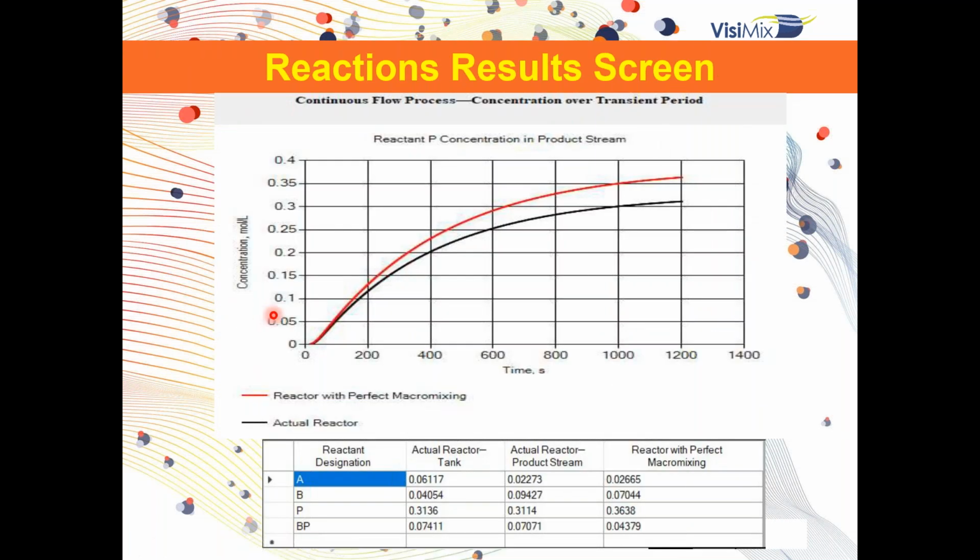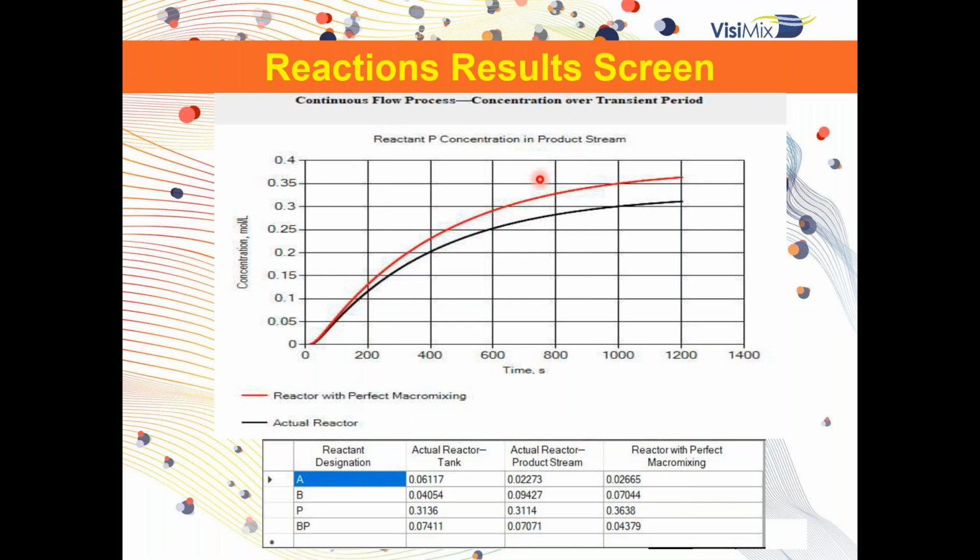After a few seconds, we'll get the reactor with perfect macro mixing, but it continues to have different micro mixing because of the molecular diffusivity. And what will happen in real life is that not only the macro mixing is different in different places, but the distribution is also different. We have non-uniformities there.